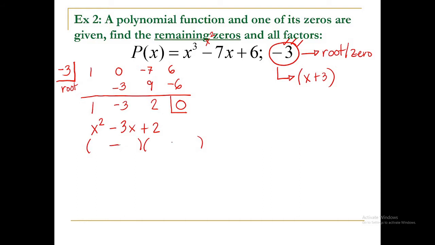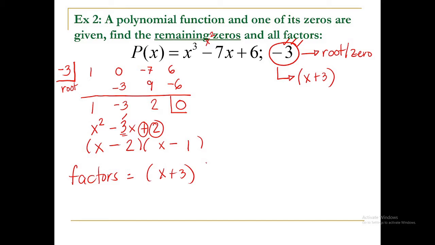What are the factors of 2 that, when added, equal the middle term 3? 2 and 1, or 1 and 2. It's the same. So what are our factors now? x plus 3, x minus 2, and x minus 1.